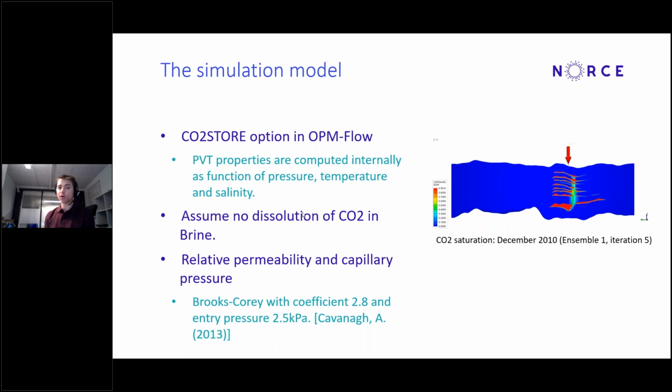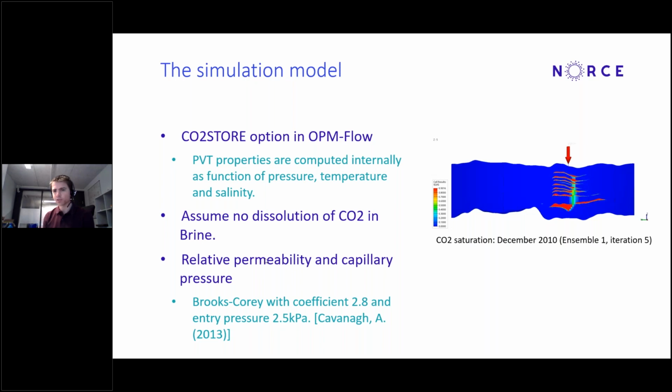For the simulation model, we use OPM Flow with a dedicated CO2 store option, where all the PVT properties are computed internally as a function of pressure, temperature, and salinity, based on models presented in the literature. For this study, we don't allow dissolution of CO2 in brine, and we use the relative permeability and capillary pressure given in the Kavanagh paper from 2013, which was the old Sleipner benchmark.